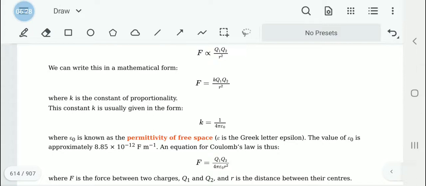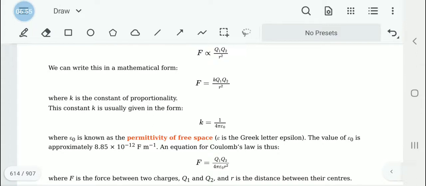Epsilon O is the permittivity of free space, which is 8.85 into 10 to the power minus 12 F m minus 1, right?